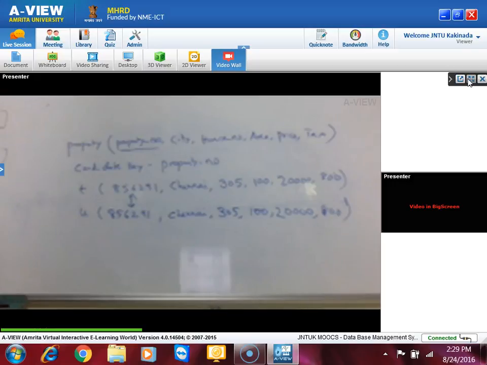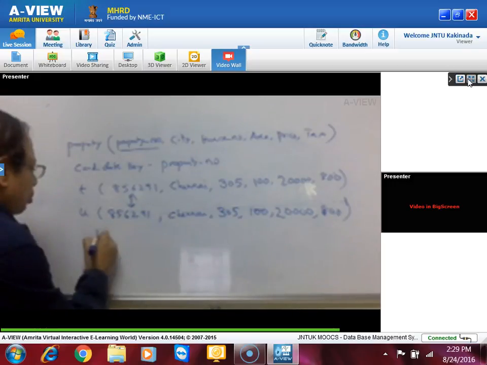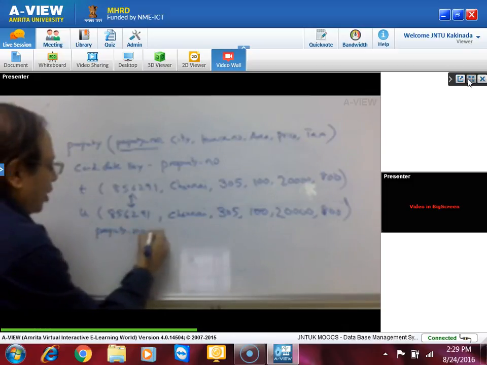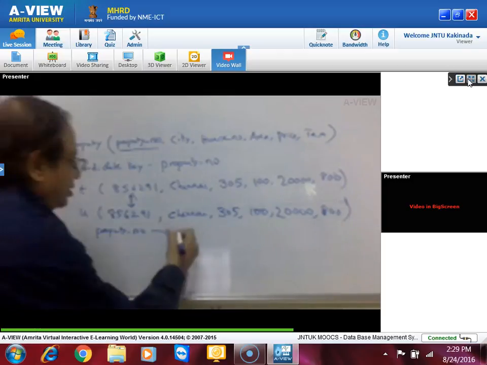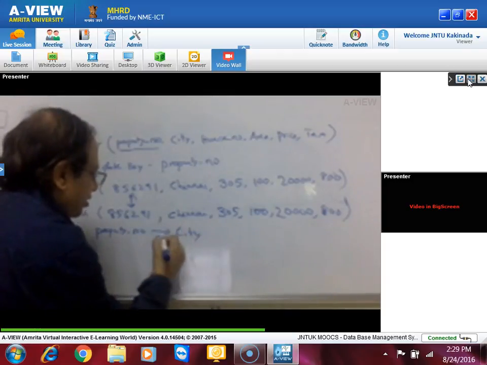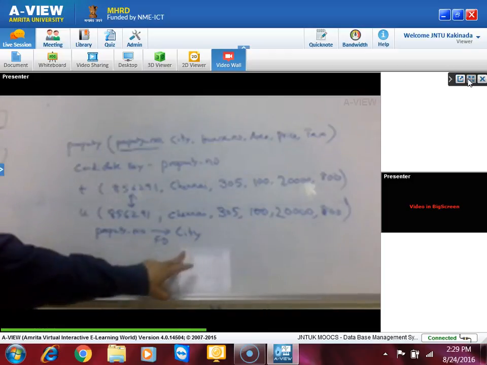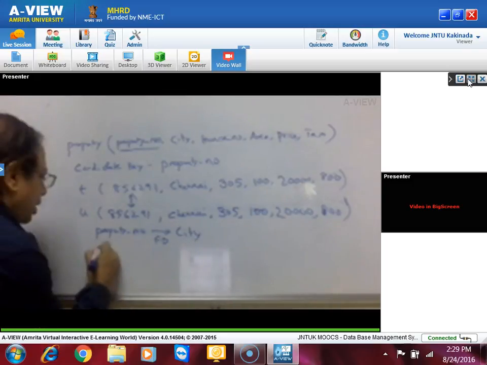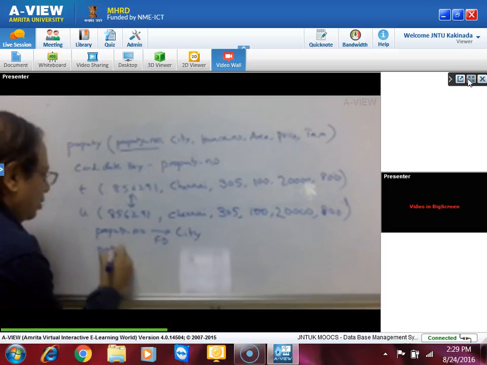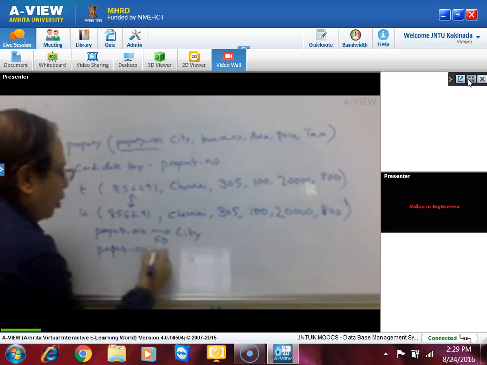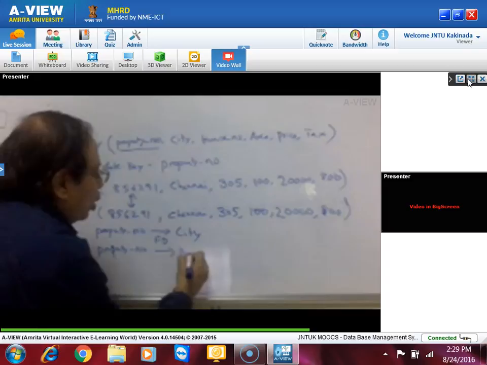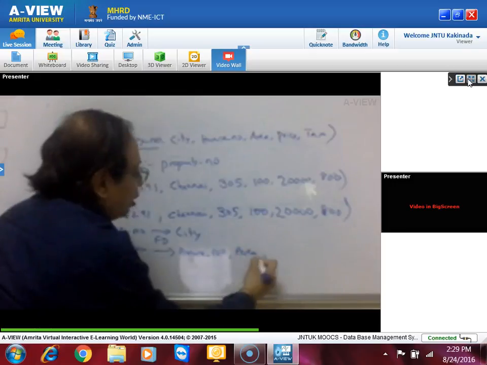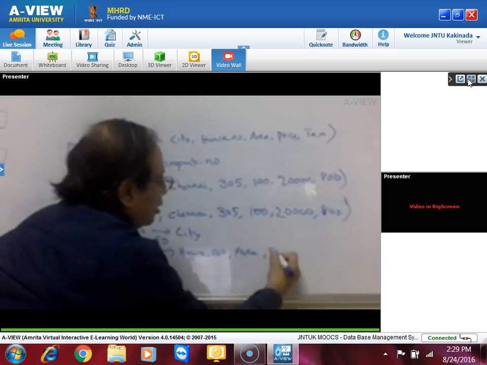Once you say that the property number identifies all other attributes, what we say now is property number functionally determines city. This is a functional dependency. Property number functionally determines the value of house number. Functionally determines area. Price.